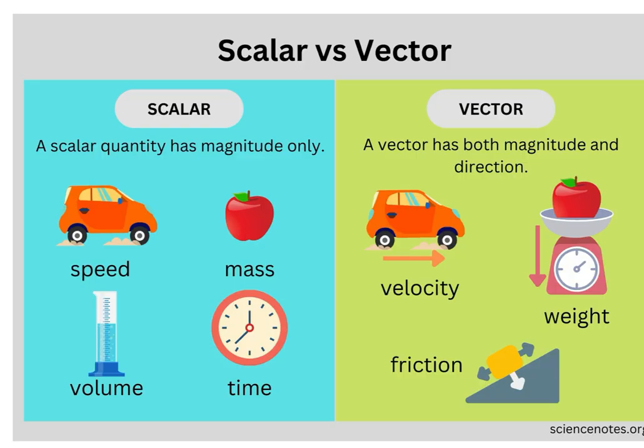Some examples of scalars versus vectors. If I'm talking about speed, I'm going to say something like 50 miles an hour. But if I talk about velocity, then I'm going to say 50 miles per hour north or 50 miles per hour east. And I am going to give a direction for velocity.